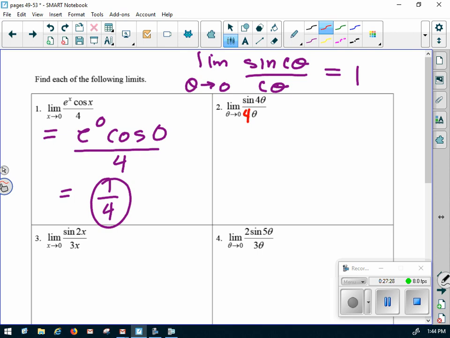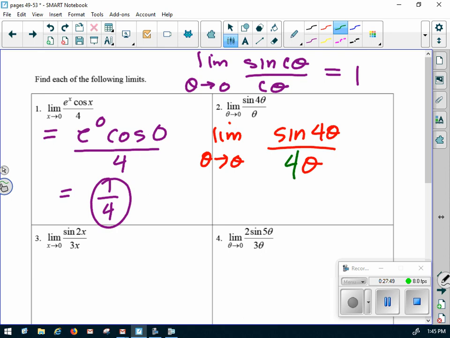That 4's in the denominator, isn't it? So really, I just put a 1/4 in there. Limit. I'll write it bigger. This says sine of 4 theta over theta. I need it to say sine of 4 theta over 4 theta.